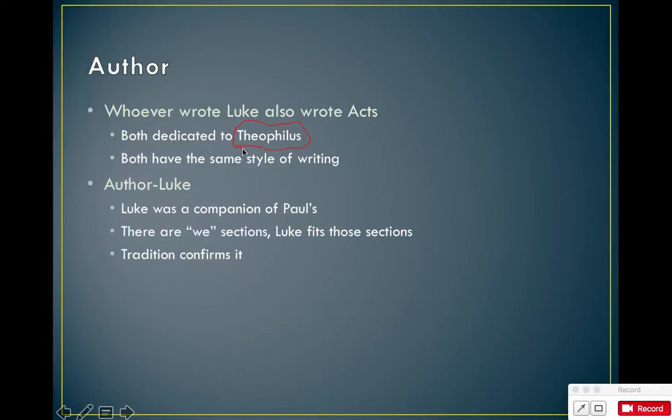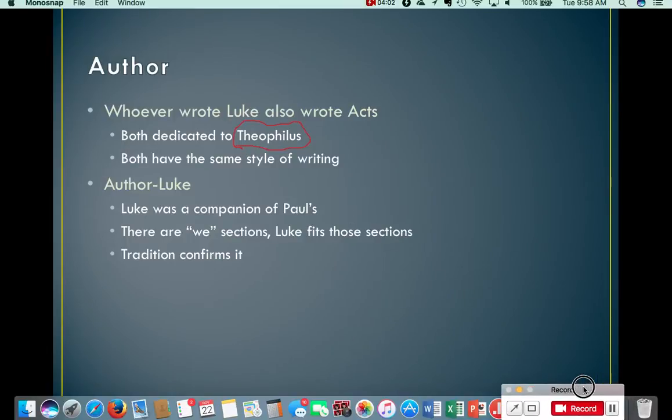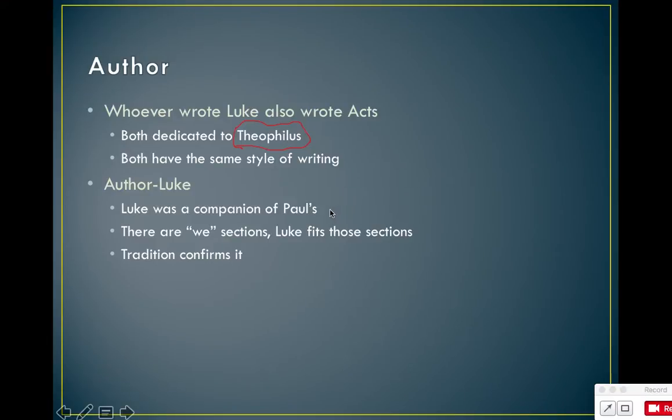Luke is a companion of Paul. Remember, authorship was determined by either being an associate or close associate. So Luke is an associate of Paul's.